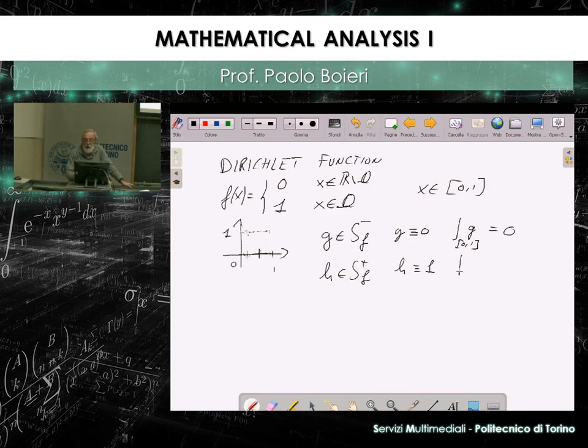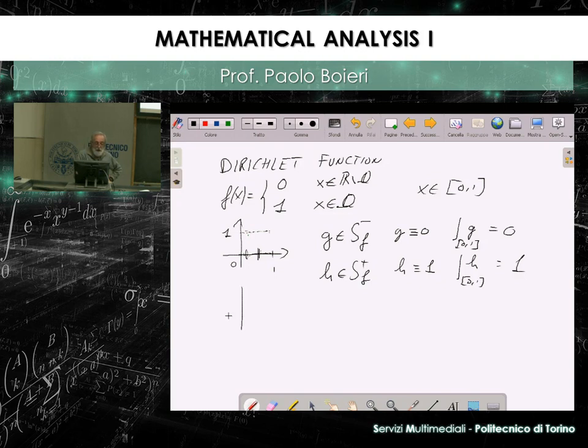And the integral of 1, 1 is a constant, and then the integral is simply the value multiplied by the length, which is 1. Okay? Then, if you choose this partition, the g has integral 0, the h has integral 1.